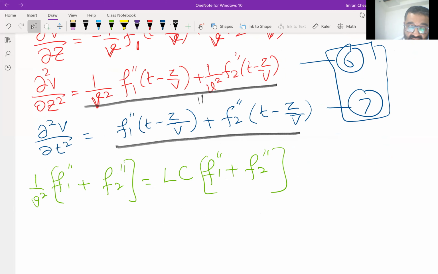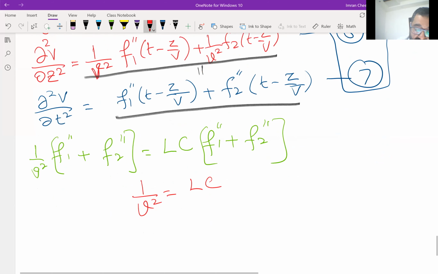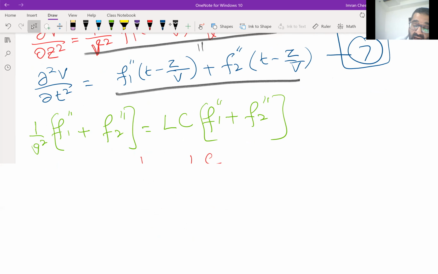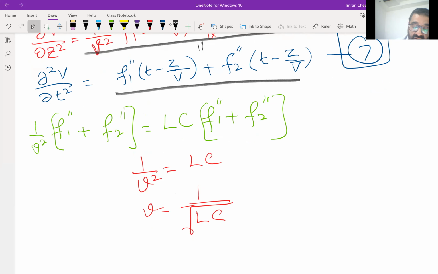You can clearly say that this left hand side and right hand side can be equal only if this velocity square is equal to LC. Or in other words, if the velocity is equal to 1 over square root of LC, then this solution would satisfy this equation.